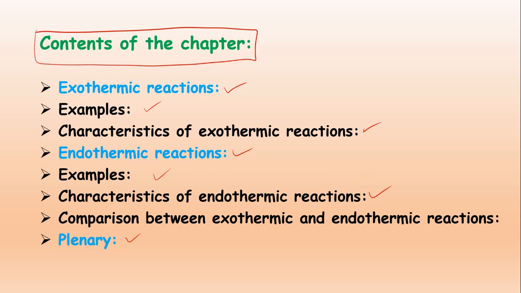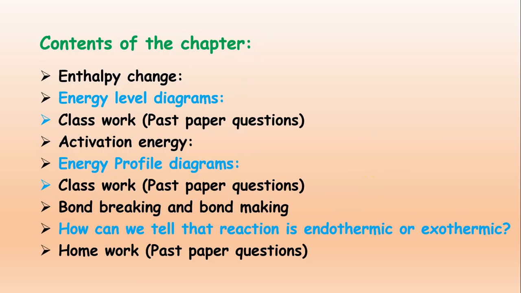Now today we will discuss these learning objectives: enthalpy change and energy level diagrams. Then we will discuss some questions, activation energy, and energy profile diagram. These are two very important topics: number one, energy level diagram, and number two, energy profile diagram.